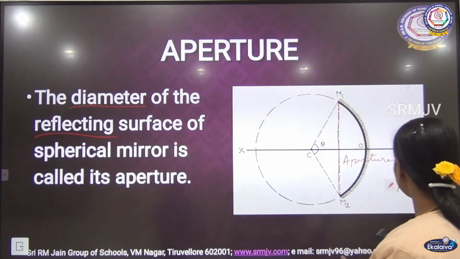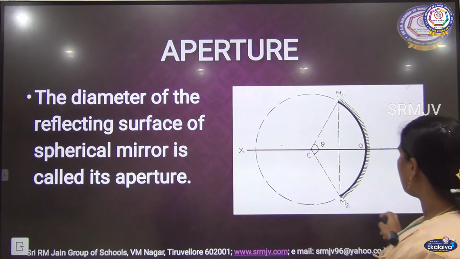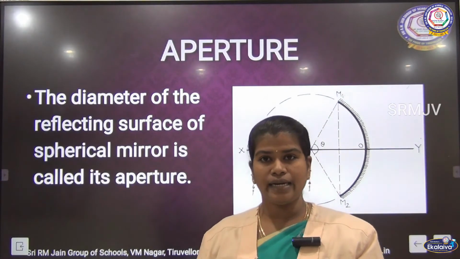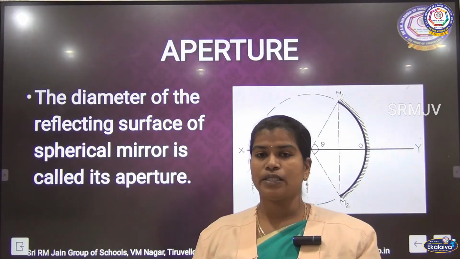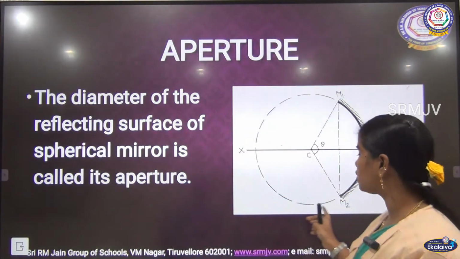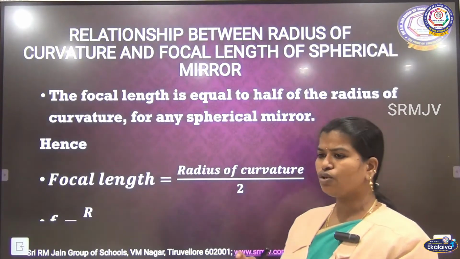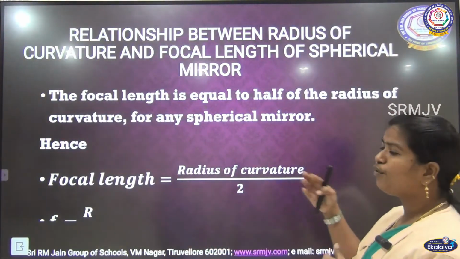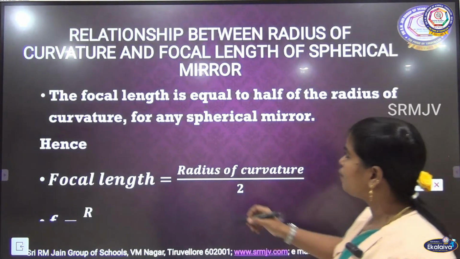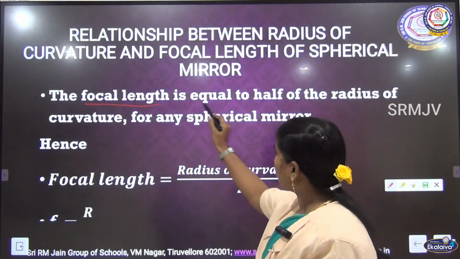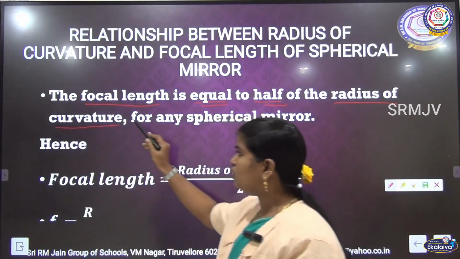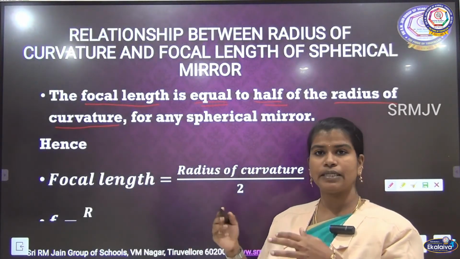Today in this class we have discussed many terms, starting with the pole, center of curvature, radius of curvature, and then principal axis, principal focus, focal length, and also aperture. There is a relationship between the focal length and the radius of curvature. The focal length is equal to half of the radius of curvature, as I explained when talking about the principal focus.